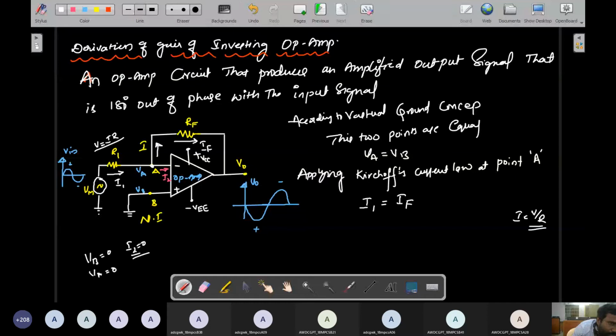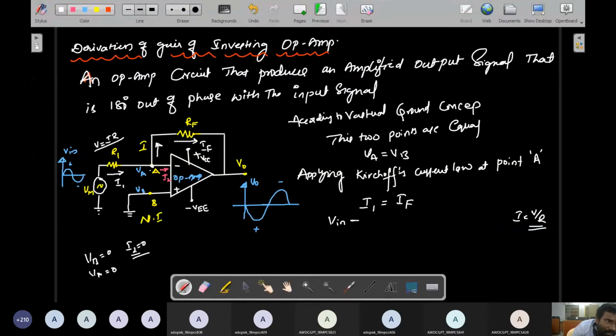At this point the potential is VA, and this is the input voltage Vin, divided by resistance R. So I1 can be represented as the input voltage Vin minus VA.